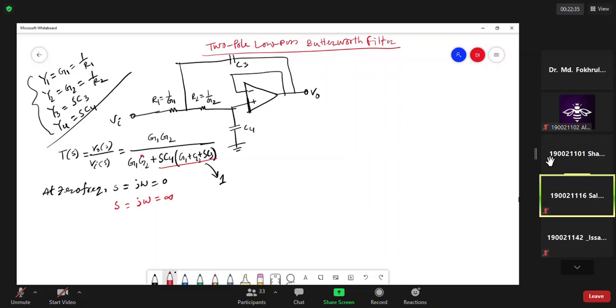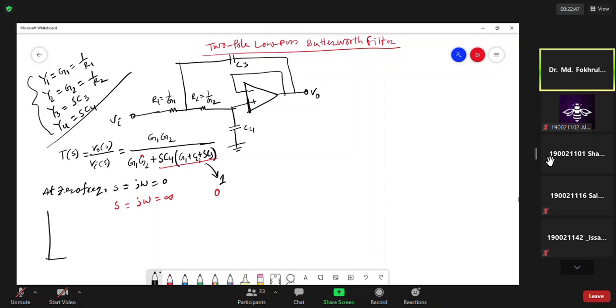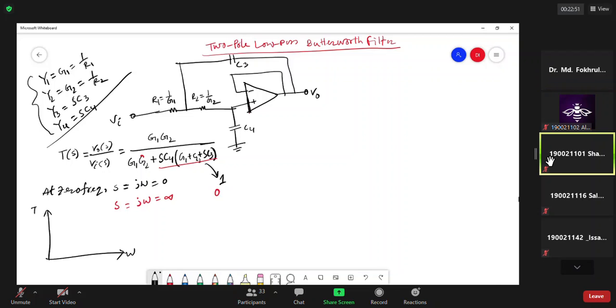It will be 0. So the magnitude is 1 at low frequency and 0 at high frequency. What does it mean? If the axis is omega, it has magnitude 1 at zero frequency, and at high frequency it is 0, meaning you have characteristics like this.